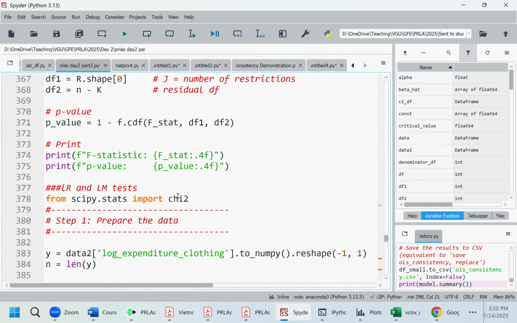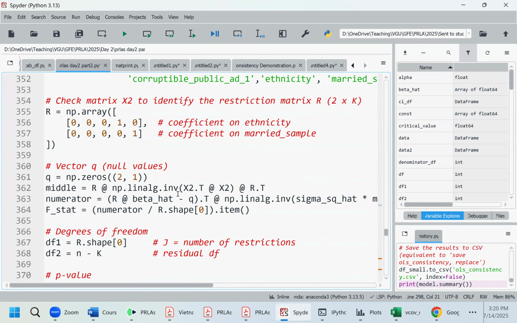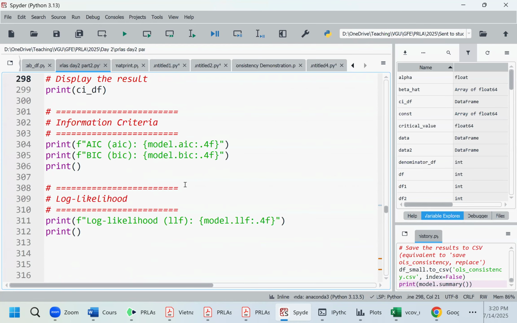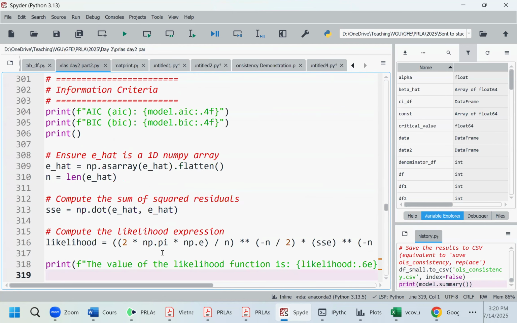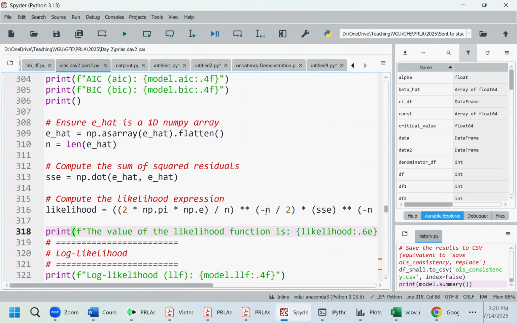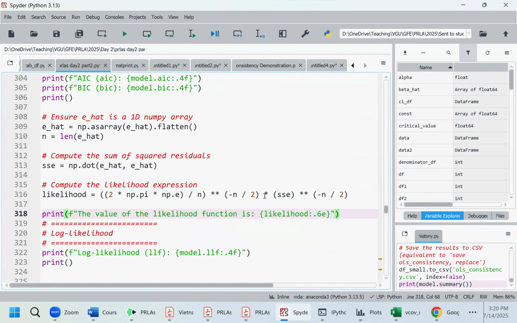Likelihood ratio test, and okay here. Oh no, it's the likelihood ratio. Is that correct? Okay, I already did the calculation here.